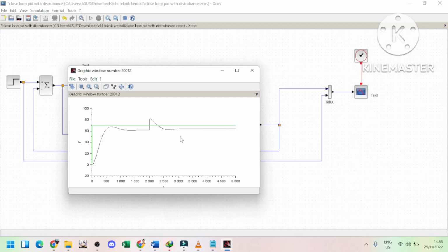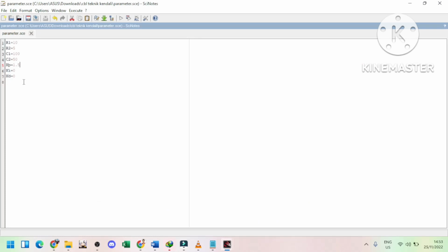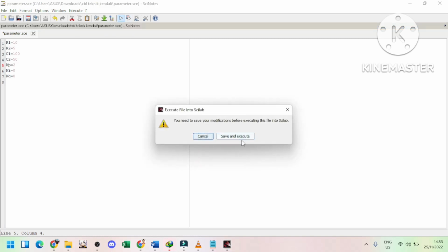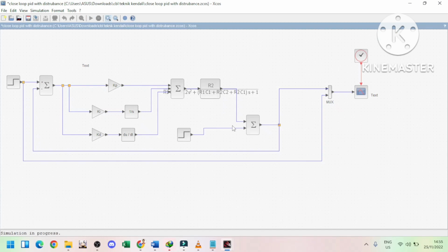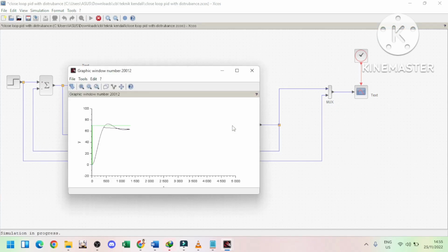The steady state error becomes smaller, so we need to make the value of Kp bigger again, like this. We change the value of Kp from before to 2 again. We will get a steady state error that is even smaller.